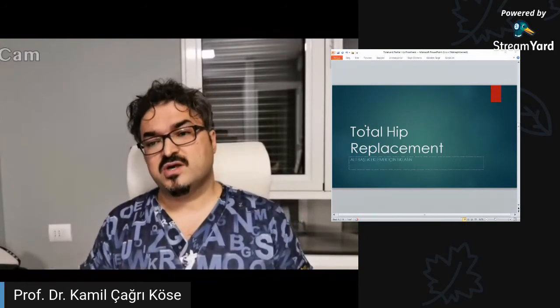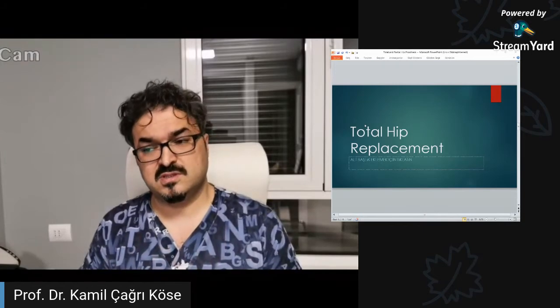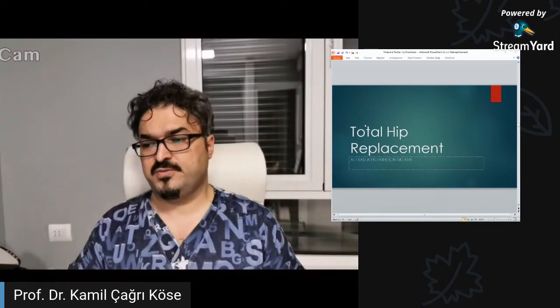Another indication of partial hip replacement may be patients who have tumors, so who have cancer in the proximal. In those patients who have relatively short life expectancy, we may use partial hip replacement. But in a healthy person who has coxarthrosis, I mean a damaged coxofemoral joint, then we go for total hip replacement. Replace both the acetabulum and the femur.